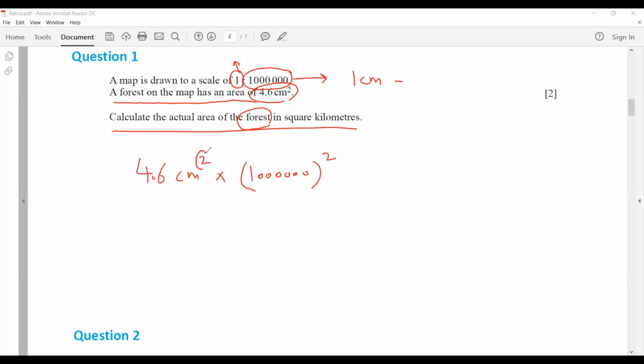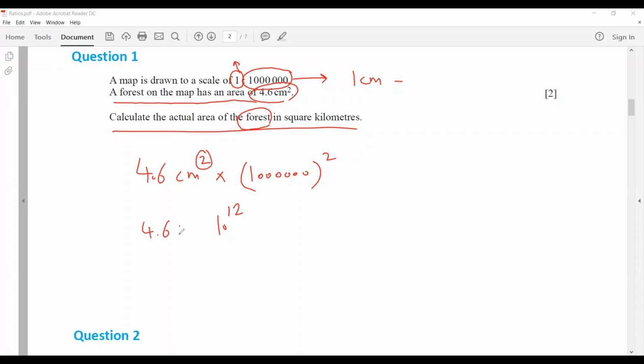However, this is a square, and you have to multiply it by 1 million square as well. So if you do that, the final answer that you get, 1 million is 10 to the power of 6, and that is 10 to the power of 12.